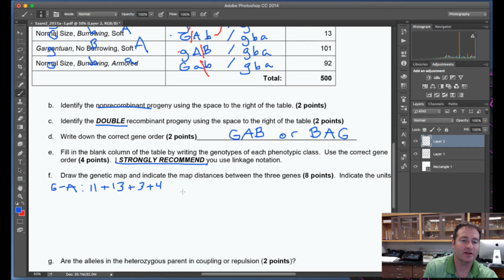Another common mistake that students make is they forget to add the double recombinants in this calculation. And then we divide that by 500. That's 24 plus 7, that's 31 over 500, which is equal to, I'm going to guess 0.062.